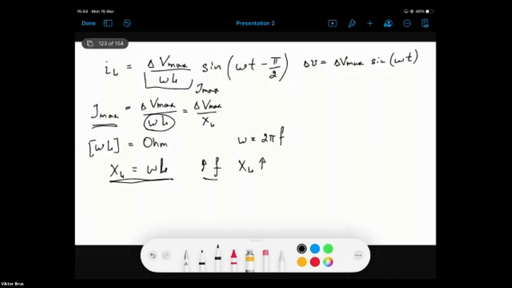So it's proportional to the inductance of the inductor and angular frequency of the alternating current flowing through the inductor. So these are the most important conclusions and properties, features of AC charge transport in inductor.